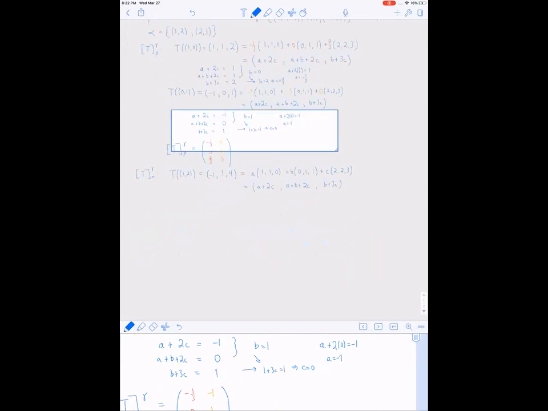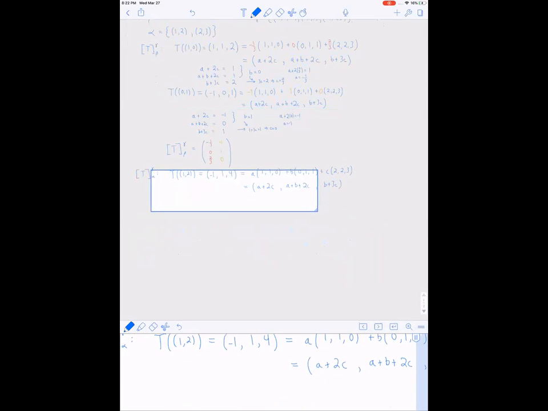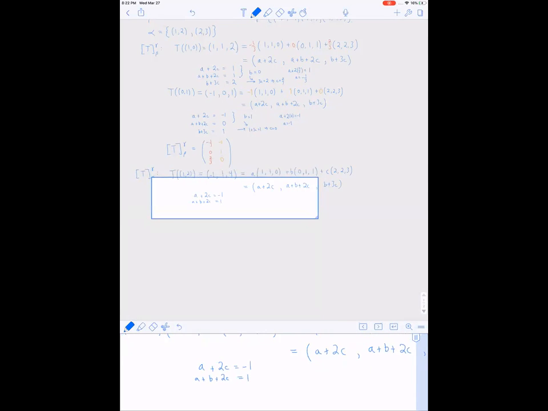So in order to figure out the values for A, B, and C, we're trying to solve the system: A plus 2C is equal to negative 1, A plus B plus 2C is equal to 1, and B plus 3C is equal to 4.